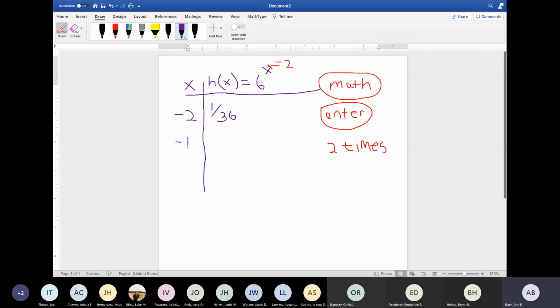Let's look at an x of -1. Now I'm going to go back to my calculator. This time we are going to take out this 2, and we're going to put in a 1. So 6 raised to the negative, using the negative in the bottom row of the calculator.